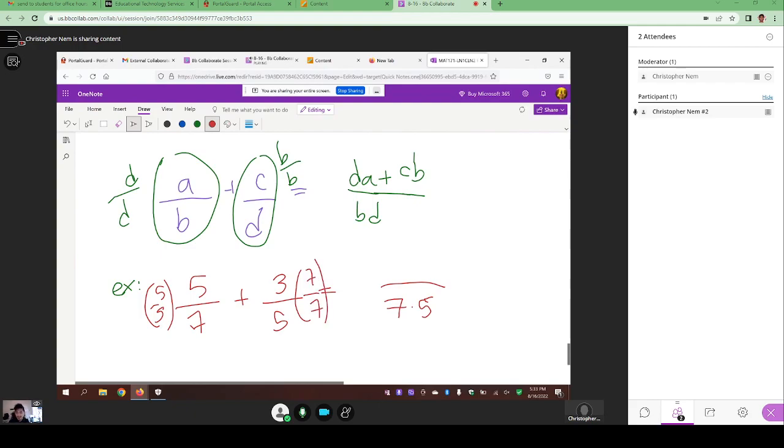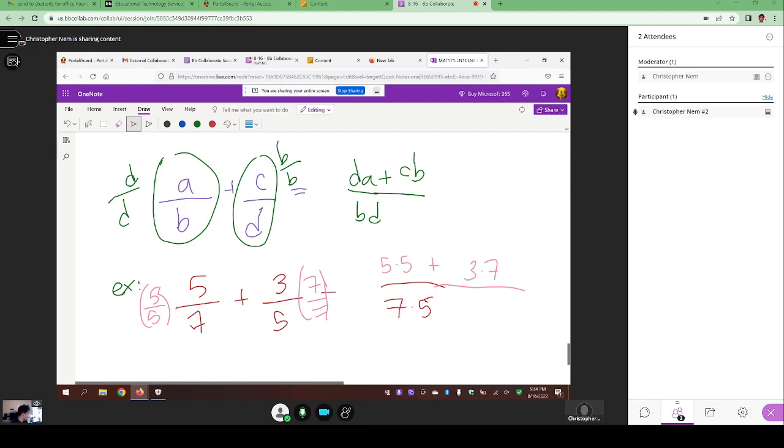They are the denominators. Let me use a different color. So that way, if you guys refer to notes, this isn't confusing. 5 over 5 and 7 over 7. The idea is that you're normally going to multiply the other term by the denominator over the denominator. So I have 5 times 5 plus 3 times 7.